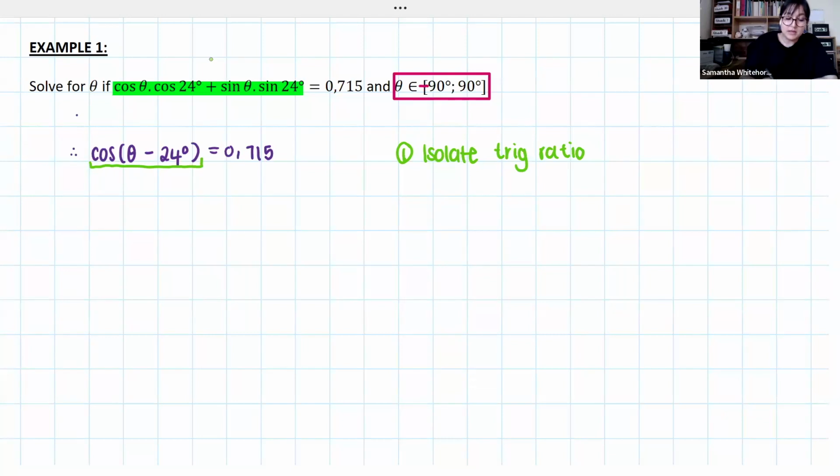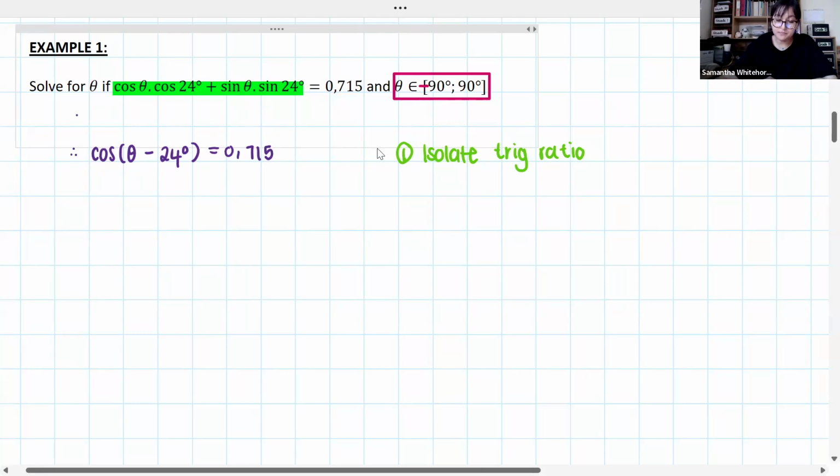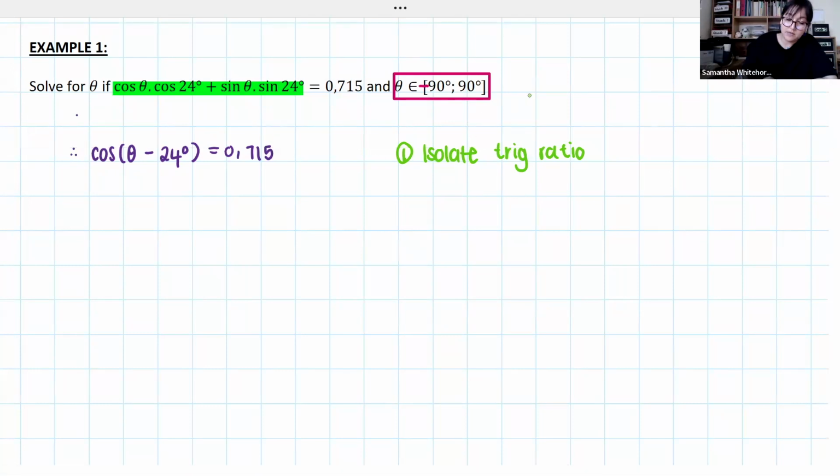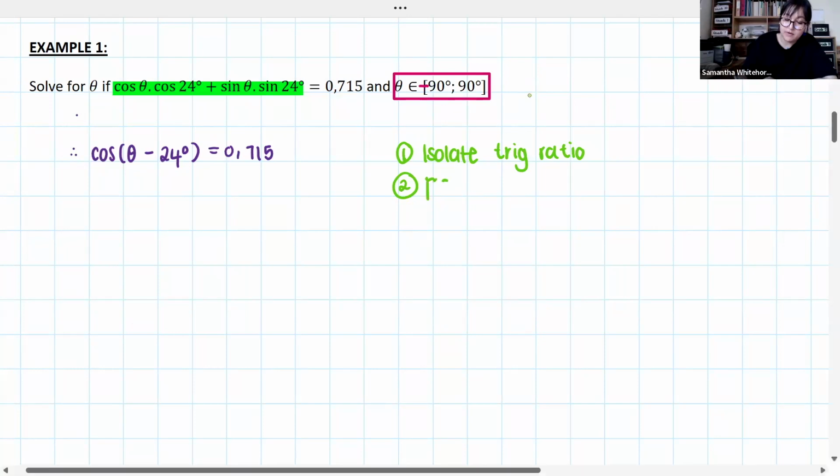What I mean by isolating the trig ratio is that if there was a 2 here, you would need to divide away the 2. If there was a +1, you would need to subtract 1 on both sides. Essentially, all we want is cos, sine, or tan, and then its angle. In this case, that's already isolated, so I can move straight onto my second step, which is finding my reference angle.